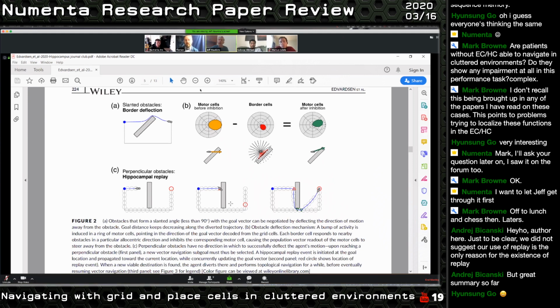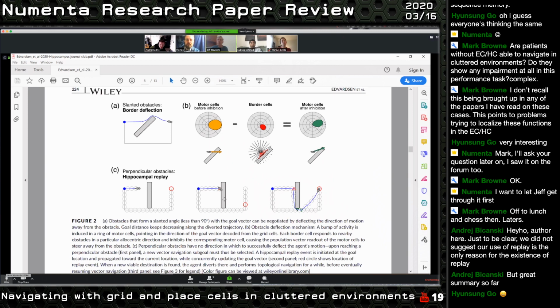It keeps going, and their model says that at every single step along the way, they're calculating a vector from where the animal currently is to where the red circle is. And there's a little controller, which I didn't look at the details of, to decide when the red circle has gone far enough that they can stop this temporary search for a new goal, and then just switch to the vector navigation.